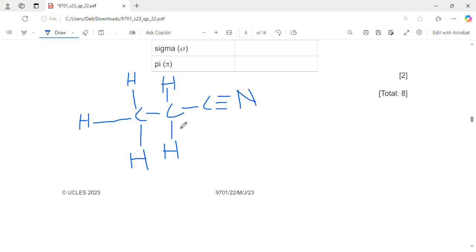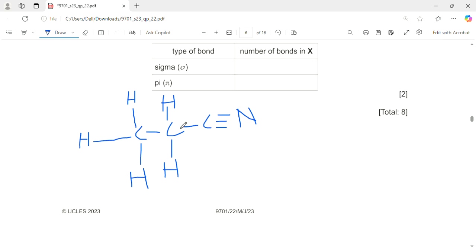Sigma bonds are single bonds, and pi bonds are in double or triple bonds. Counting the sigma bonds: 1, 2, 3, 4, 5, 6. And the triple bond has two pi bonds.